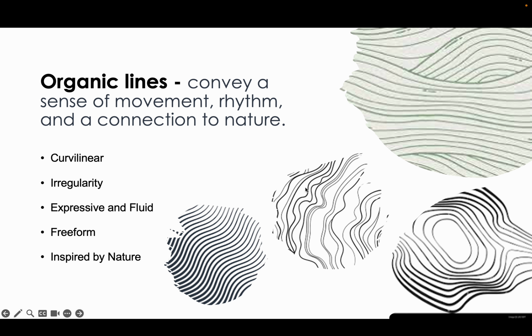Designers use them to suggest a sense of movement, freedom, and a connection to nature. These lines are characterized by curves, loops, and flowing shapes, presenting irregular lines that could be found in plants, waves, and the human form. They are dynamic, less constrained, and don't follow strict patterns, strict rules, or any mathematical principles.